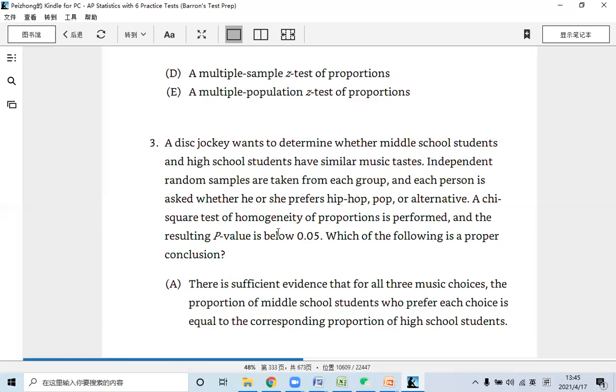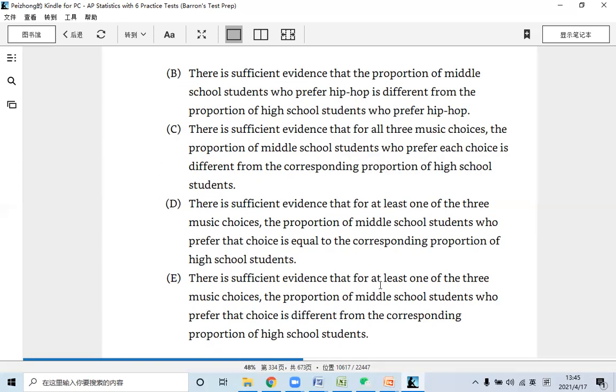The p-value is below 0.05. We reject the null hypothesis and we support the research hypothesis. And here E, the last statement, is a proper statement of the research hypothesis, or we also call it the alternative hypothesis. This should be the one we are supporting.